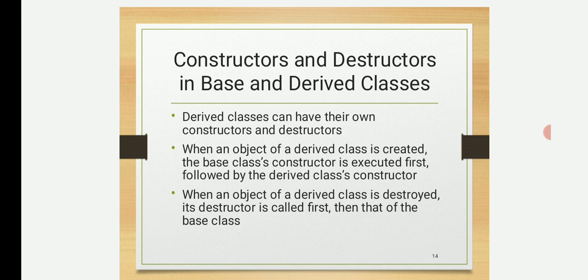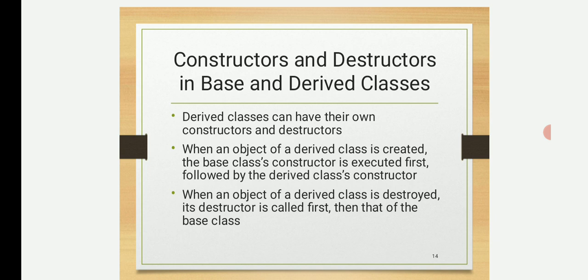So no need to call these special functions, constructor and destructor. Whenever you are creating an object, the constructor will be called automatically. Whenever the scope of an object is over, the destructor will be called automatically, right? So both constructor and destructor have the same name as the class name, whereas in the destructor you have to add the special symbol tilde in front.